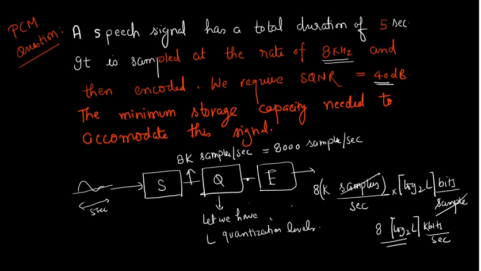So at the output you will have 8k samples per second multiplied by log 2 L bits per sample, the nearest greater integer. So you will have 8 log 2 L kilobits per second.